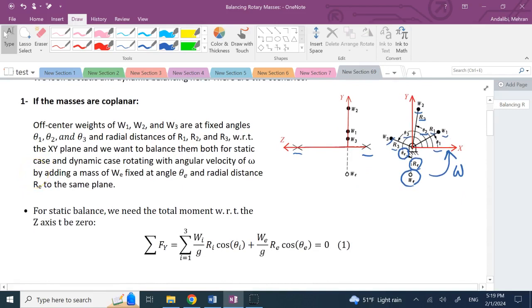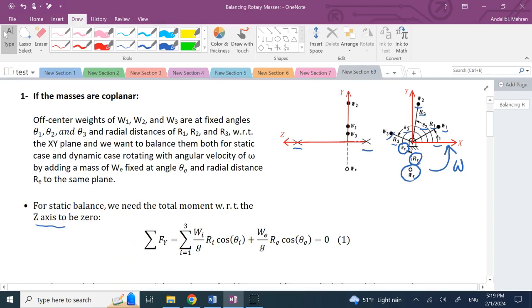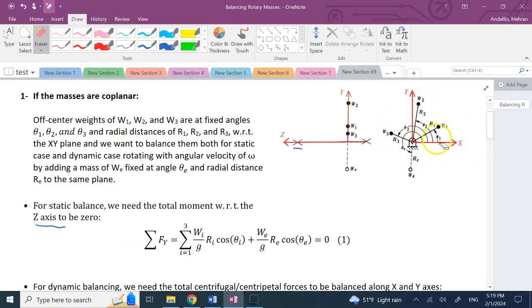For a static scenario, all you need is basically that the total moment of these forces with respect to the z-axis be zero. Okay, so if I go back and do a little bit of cleaning, what are the moments here?